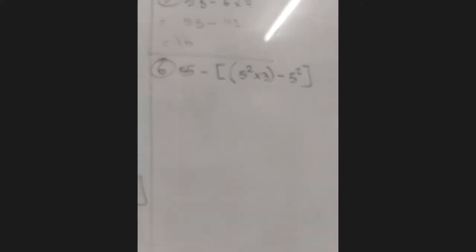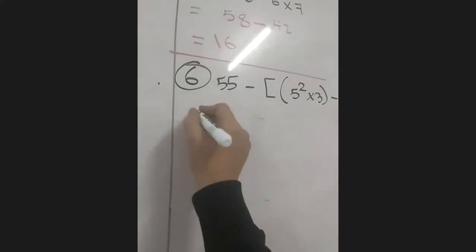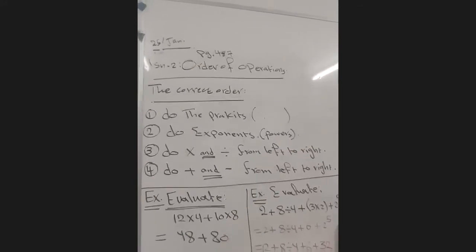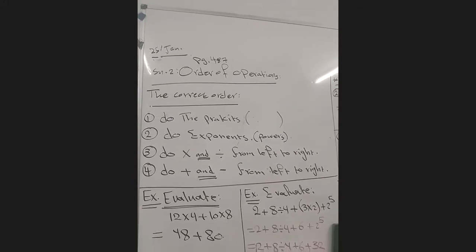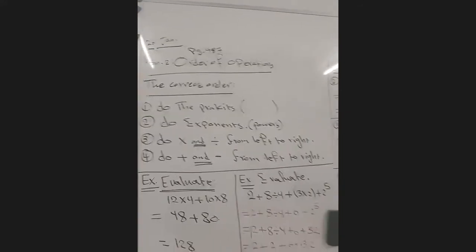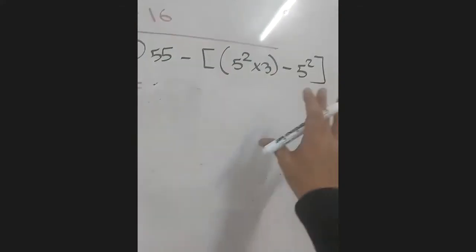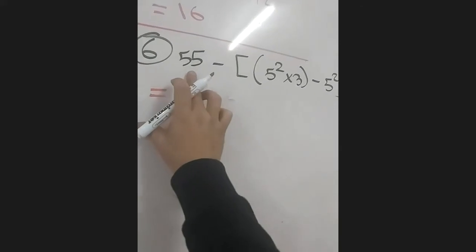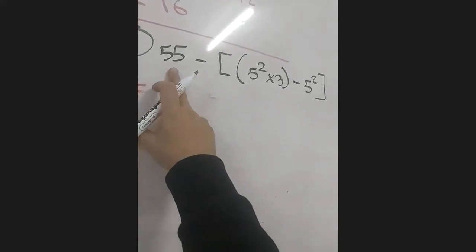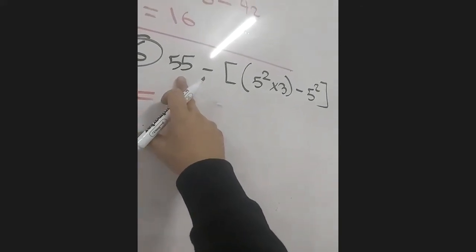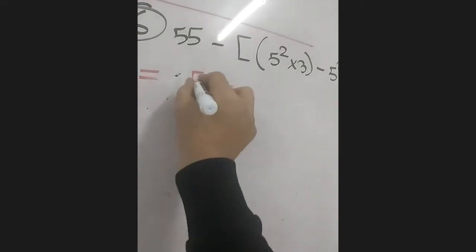Step by step, Jalal. What's the first step? We have parentheses and the brackets, right? Do I have anything with the 55 in the first step? No. So it comes down.